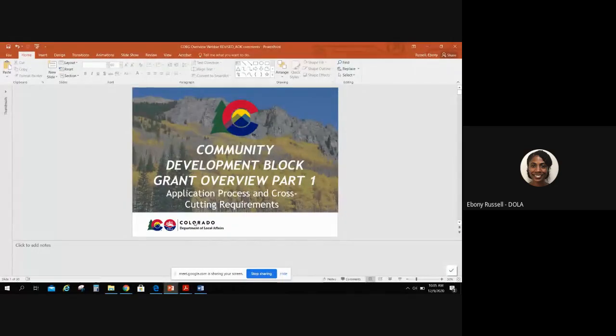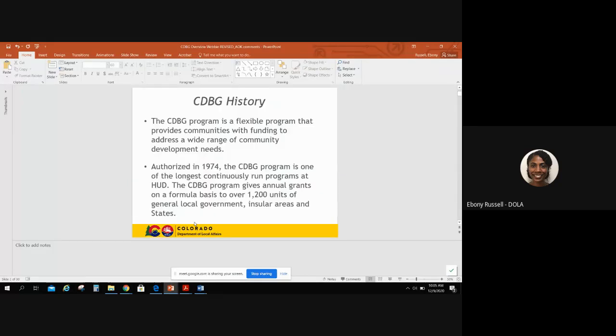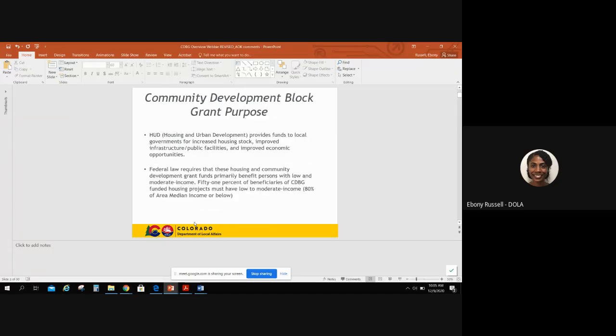Okay, so this is the overview, part 1, application process and cross-cutting requirements. A little bit about CDBG's history. It's a flexible program that provides communities with funding to address a wide range of community development needs. This program is one of the longest continuously run programs HUD offers, and it gives annual grants on a formula basis to 1,200 units of general local government, insular areas, and states.